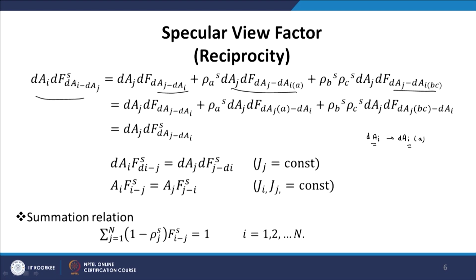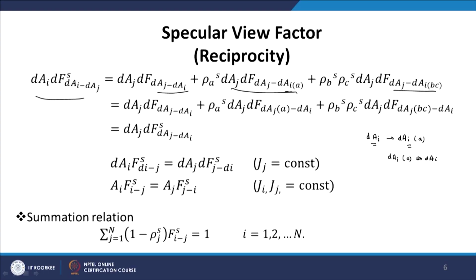This is again the same, as the area of Ai is basically equal to dAj, the image of Aj, to dAi. That means we can take the image of any of the surfaces and the view factor will not change. Either we take the image of Ai in mirror A or we take the image of Aj in mirror A, it is the same. So, that relation we have invoked here. So, we have converted dAj dAi A into dAj A dAi, and the same thing here.